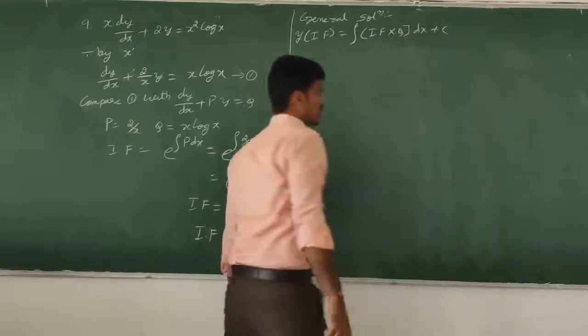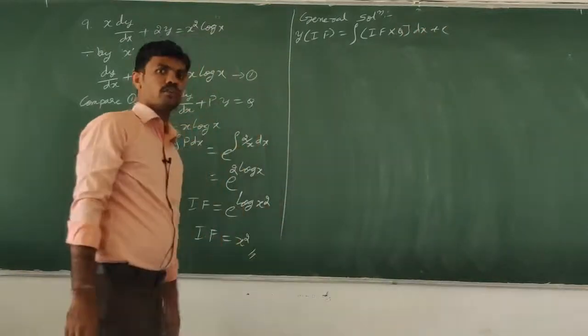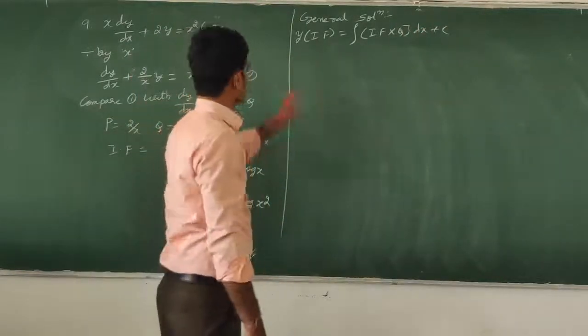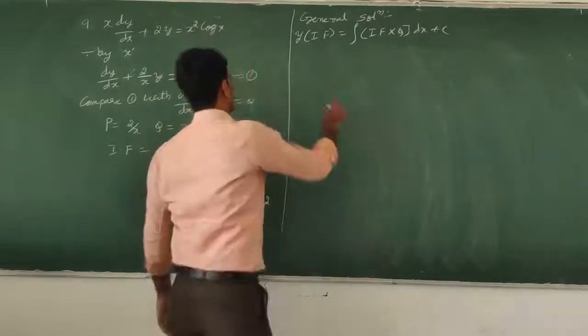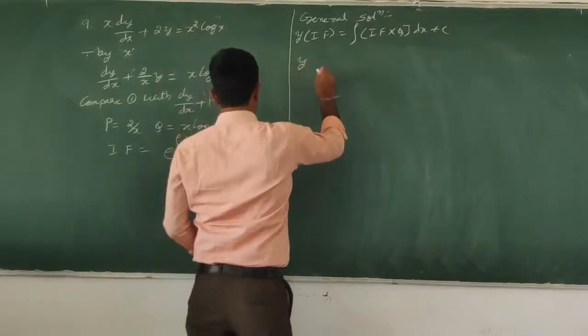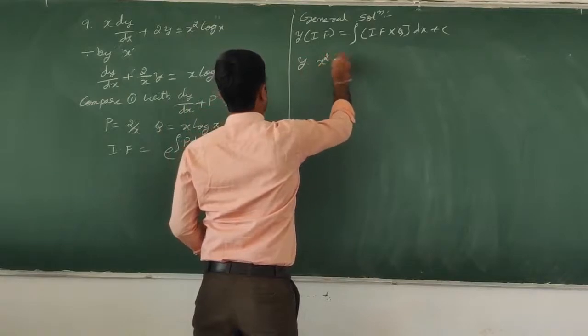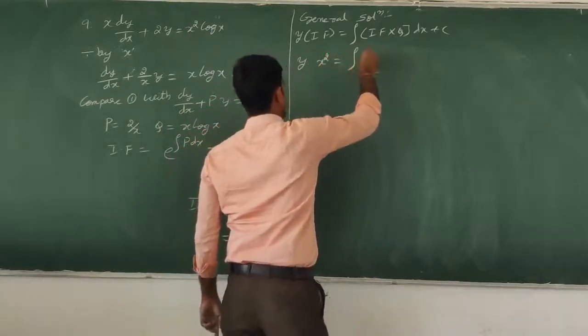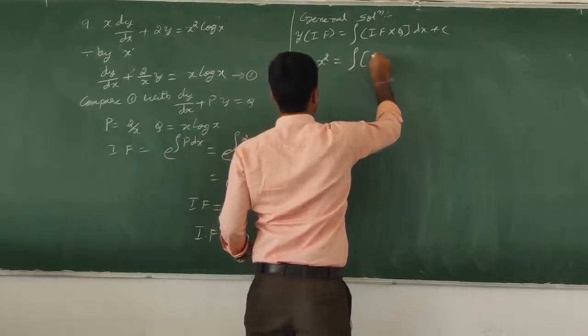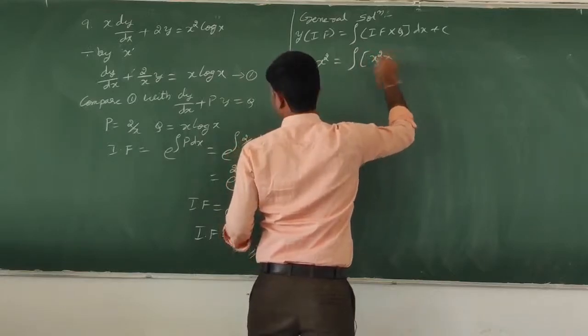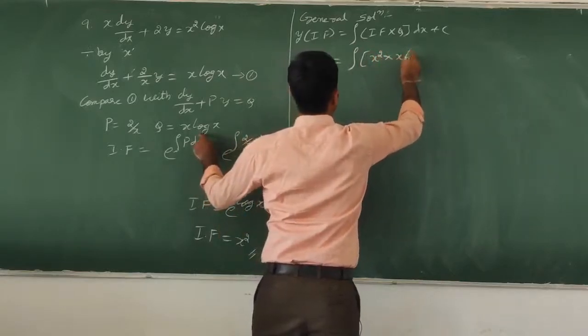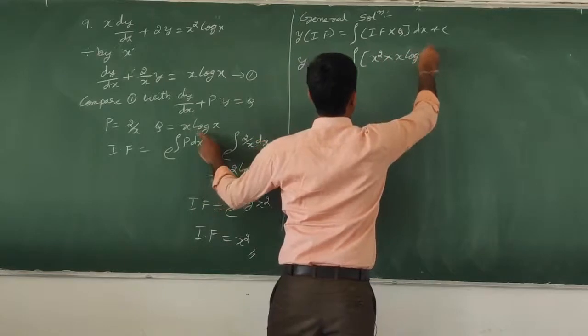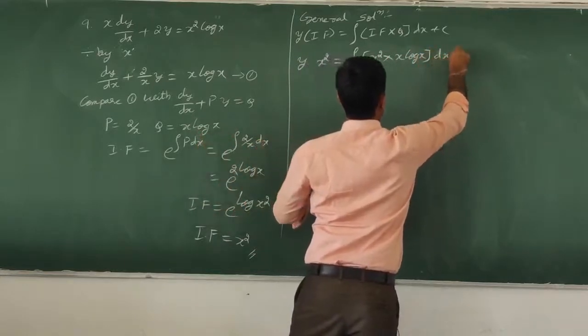Already we know the value of integration factor and q, just substitute those values. Then we have y into x square is equal to integration of x square into x log x whole dx plus c.